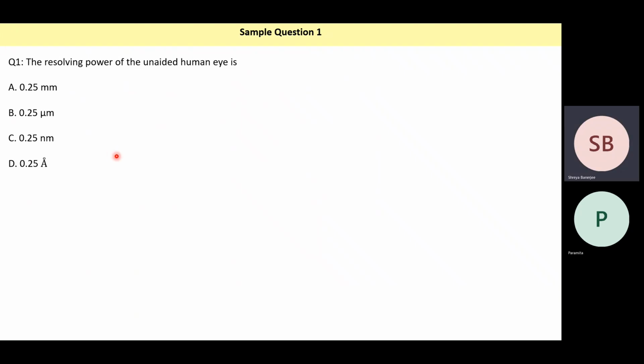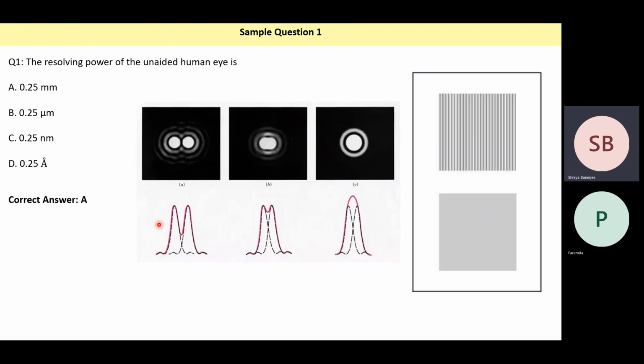So the correct answer is A, which is 0.25 millimeter.